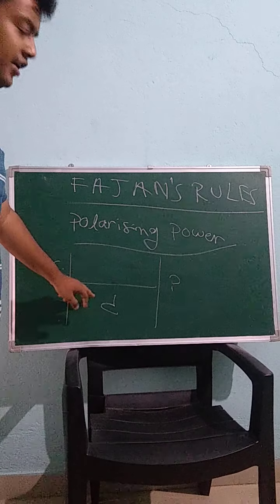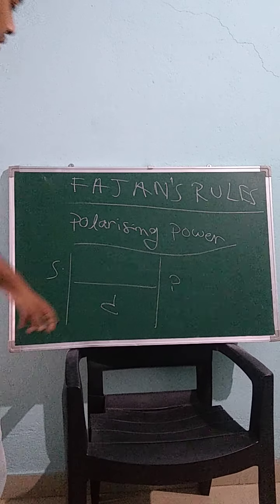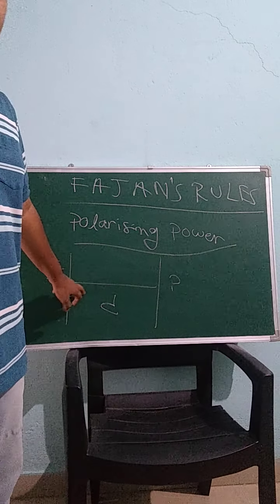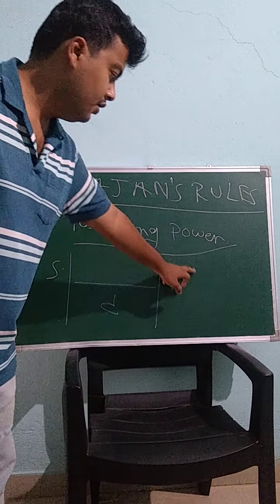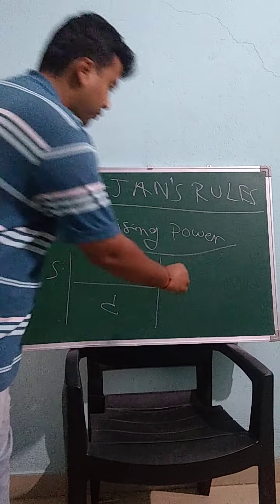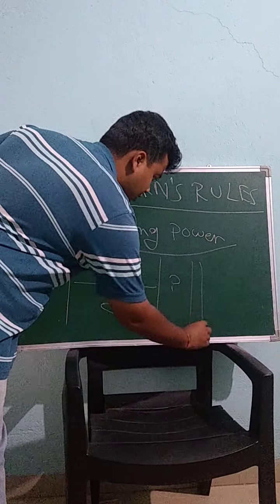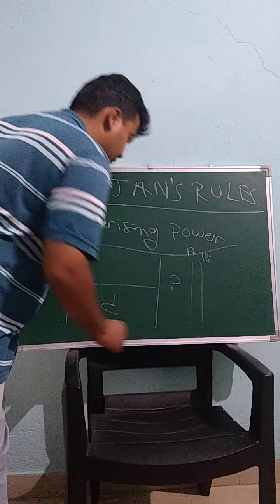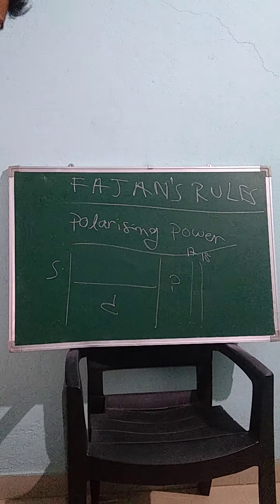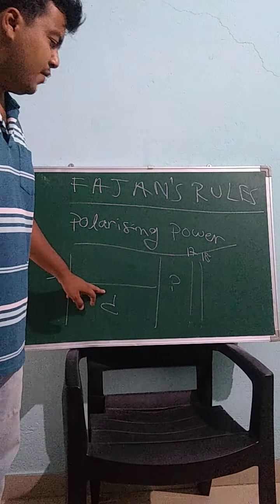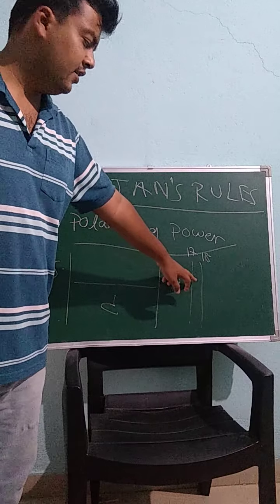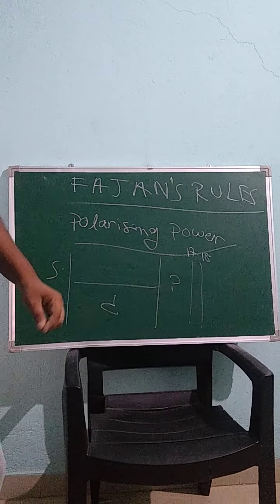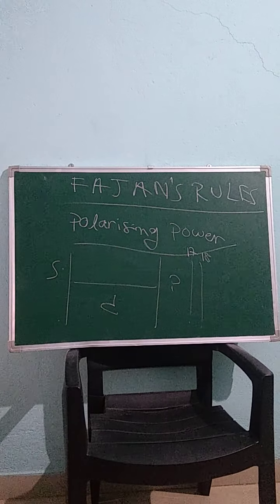D block elements are called transition elements. These D block elements have more polarizing power than the alkali group or the last group of P block, like group 17 or 18. So these transition elements have more polarizing power than the 17 or 18 group elements.